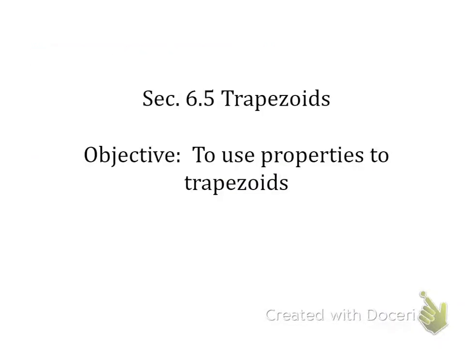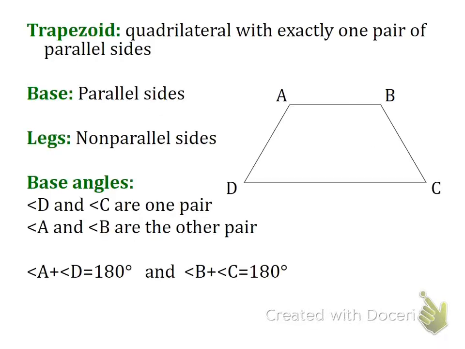All right, section 6.5 is trapezoids. The objective is to use properties of trapezoids. A trapezoid is a quadrilateral with exactly one pair of parallel sides. In this case, the top and the bottom are parallel. The bases are the parallel sides.